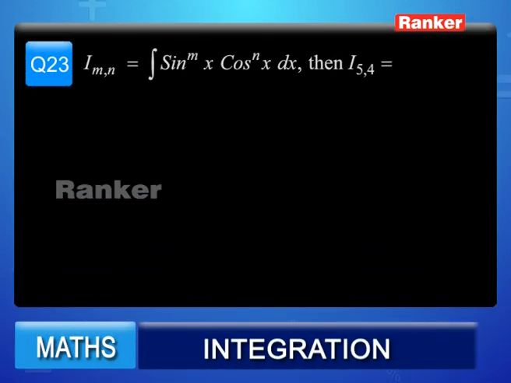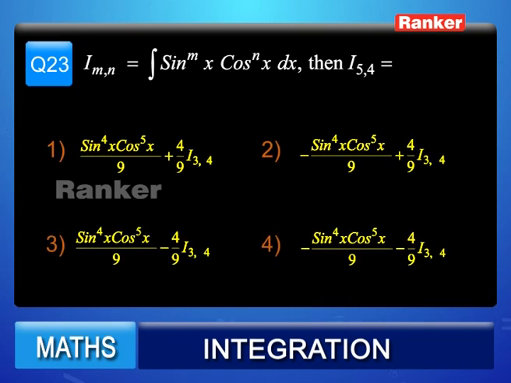Okay, let's move to the next question, question number 23. I suffix m comma n is equal to the integral sin x to the power m into cos x to the power n dx. Then I 5,4 is equal to, first option, sin x to the power 4 into cos x to the power 5 by 9 plus 4 by 9 times I suffix 3 comma 4.